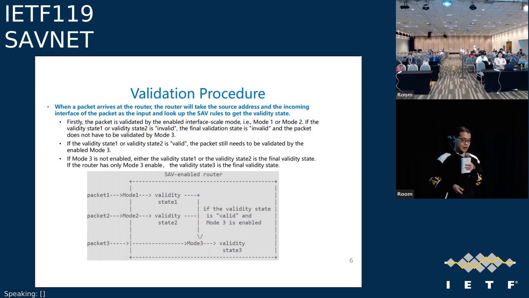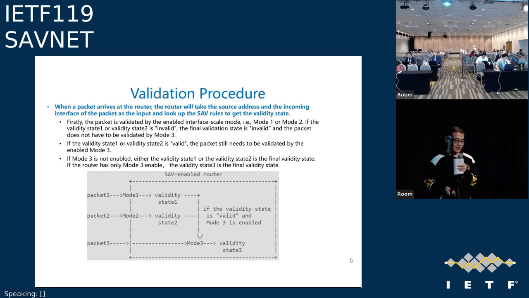This slide shows the validation procedure. When receiving a packet, the router takes the source address and the incoming interface of the packet as the input and looks up the sub-rules to get the validity state. Firstly, the packet is validated by the enabled interface-based mode, i.e. mode 1 or mode 2, to get validity state 1 and/or validity state 2.